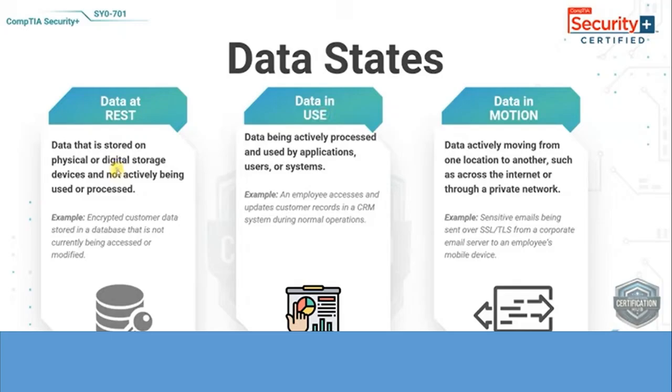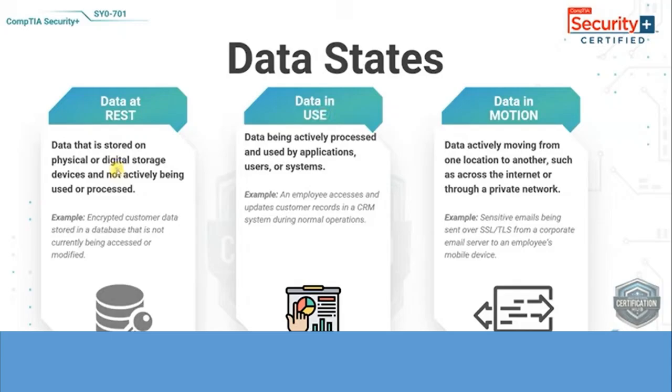Now we will go to data states. We need to understand what the data states are for security: data at rest, data in use, and data in motion. These are the three states of the data you have.